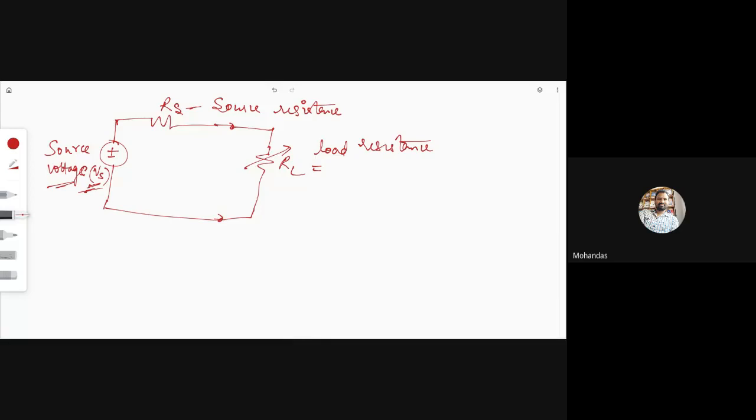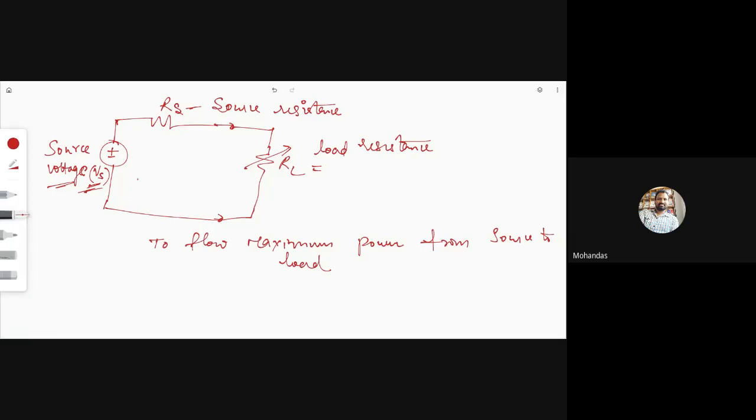So if you want to design a particular circuit to flow maximum power from source to load, we have to get the condition to flow maximum power from source to load.